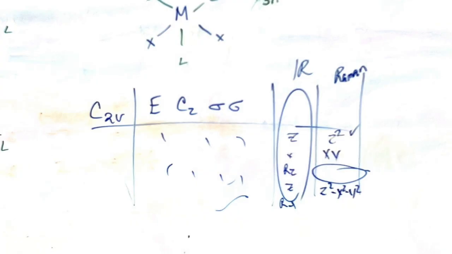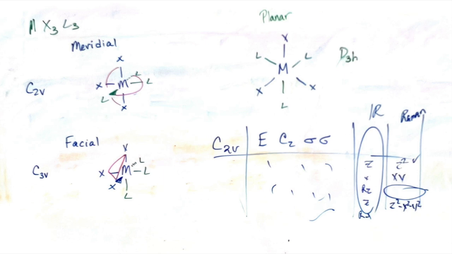If I've got Z squared here, then yes. So Z squared, Y squared, and X squared in the location. Anything at all in that column. So if I've got XY, if I've got Z squared minus X squared minus Y squared, anything at all. But this one is blank, so I would say that one's not. Okay, gotcha. Now I'm just making these up. This isn't actually C2V, so. But just anything at all in the fourth column, you can see it in the row.